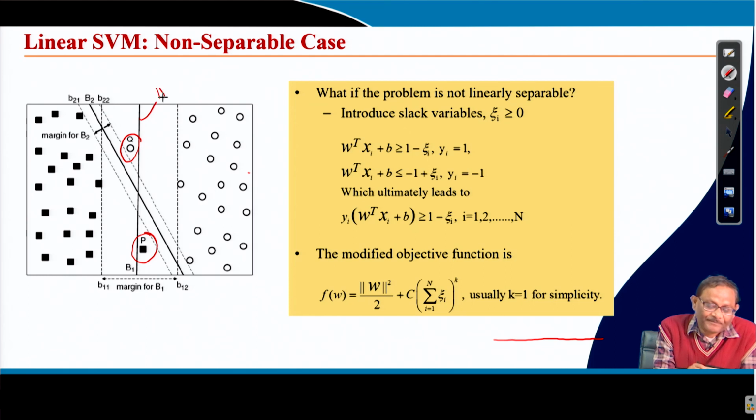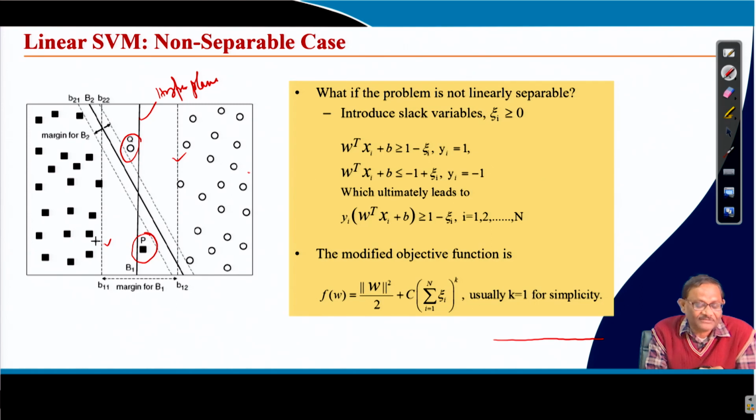This is the hyperplane we are looking for. But if I consider this, then this circle should be on the right hand side and this square should be on the left hand side of this, but this has not happened.